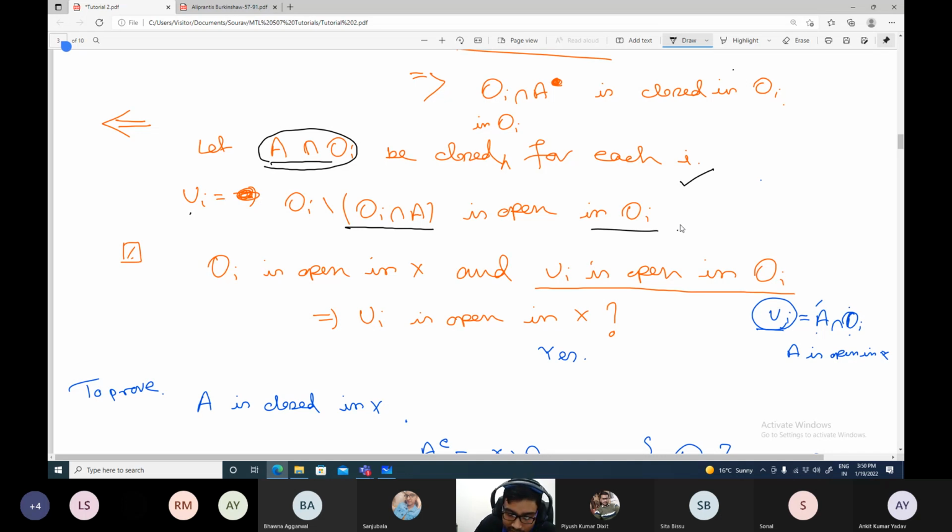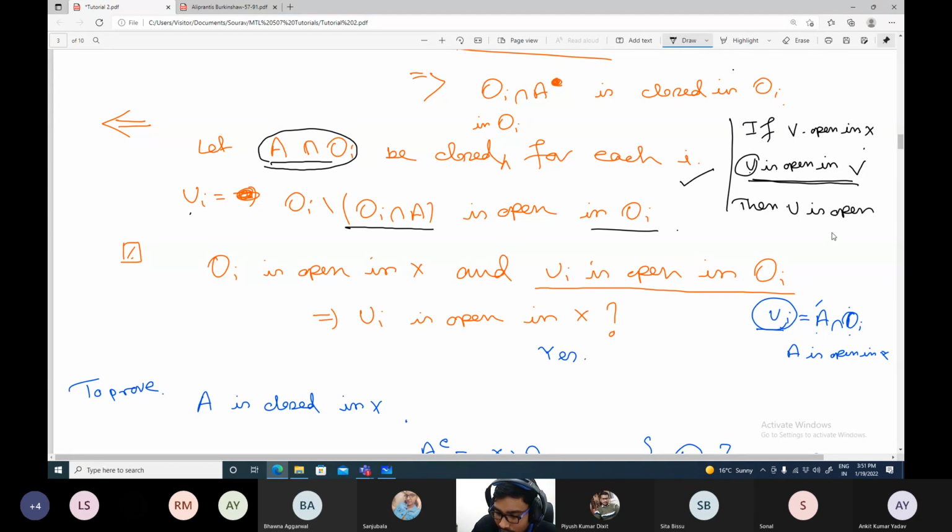Right. Now I claim, let me give a general statement. If V is open in X, and if U is open in V, where the topology is a subspace topology, and U is a subset of X, then U is again an open set in X, meaning an open set with respect to the topology of X. I have proved this one only by this statement.